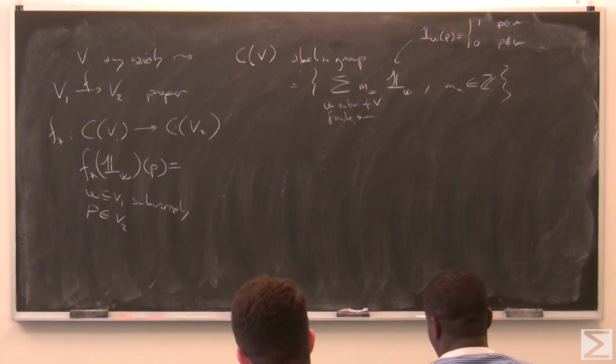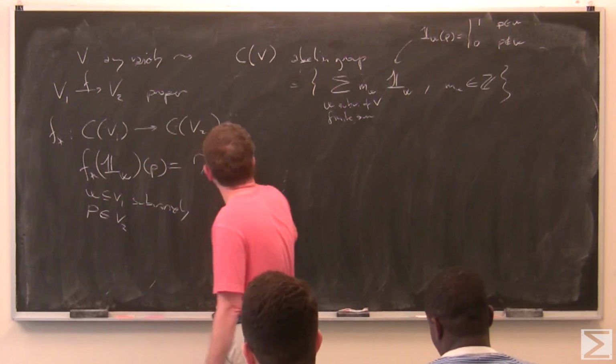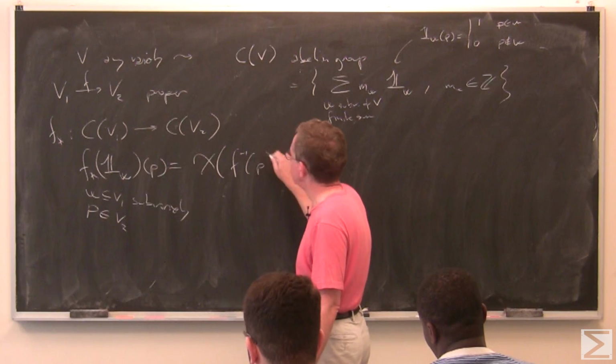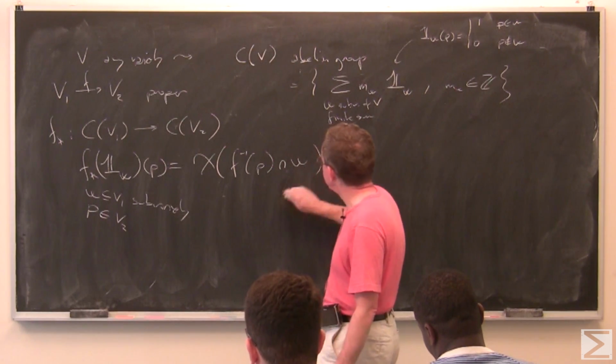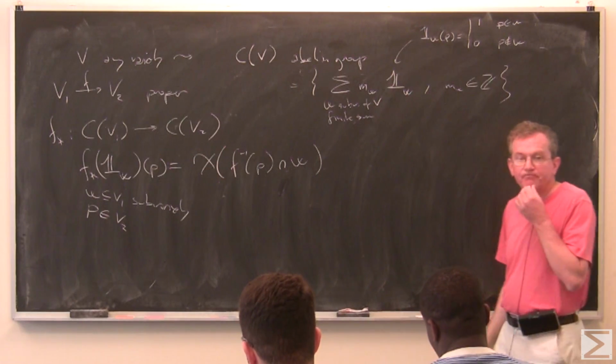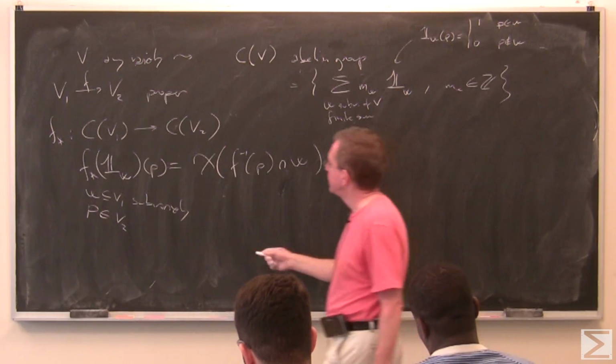And if you want, in my mind, this is the motivation for that definition. This is the Euler characteristic of the fiber of P cap W, so the fiber in W over P. Now, in fact, this defines a functor.